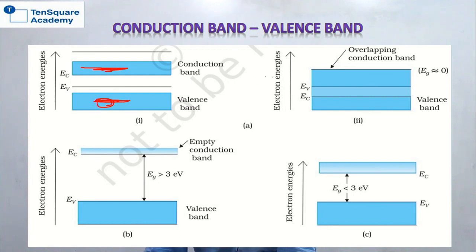The other type, both conduction and valence bands overlap. So, this is the region of overlapping. This is also a possible scenario. And in insulators, the energy gap between conduction and valence is greater than 3 electron volts, and in semiconductors this value is less than 3 electron volts.